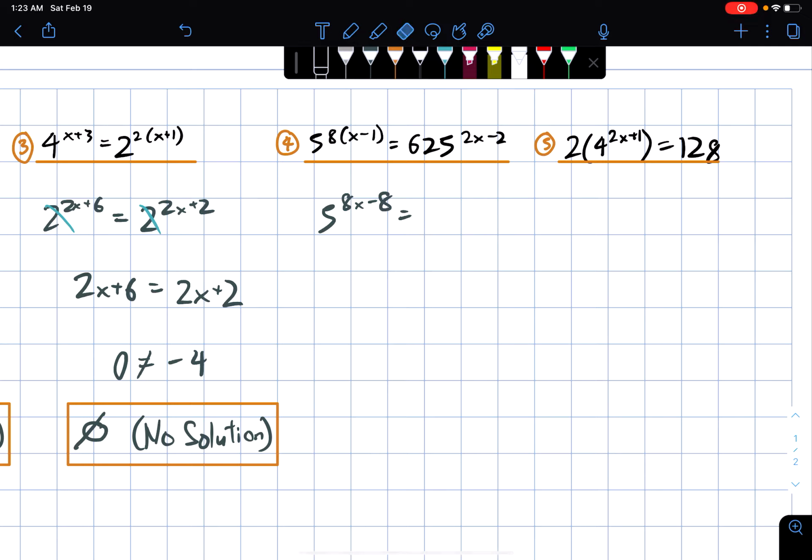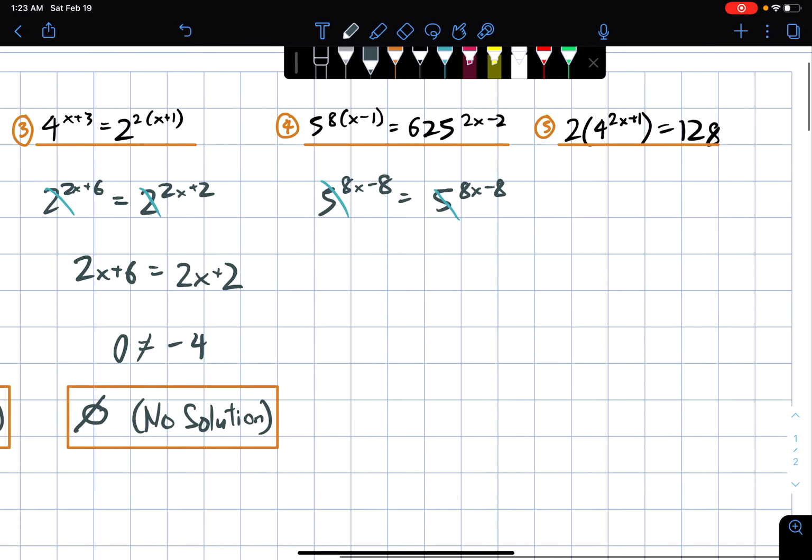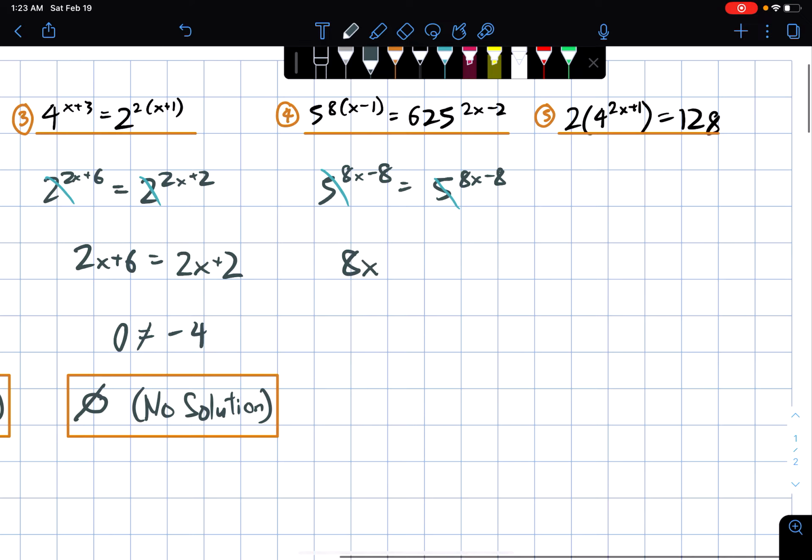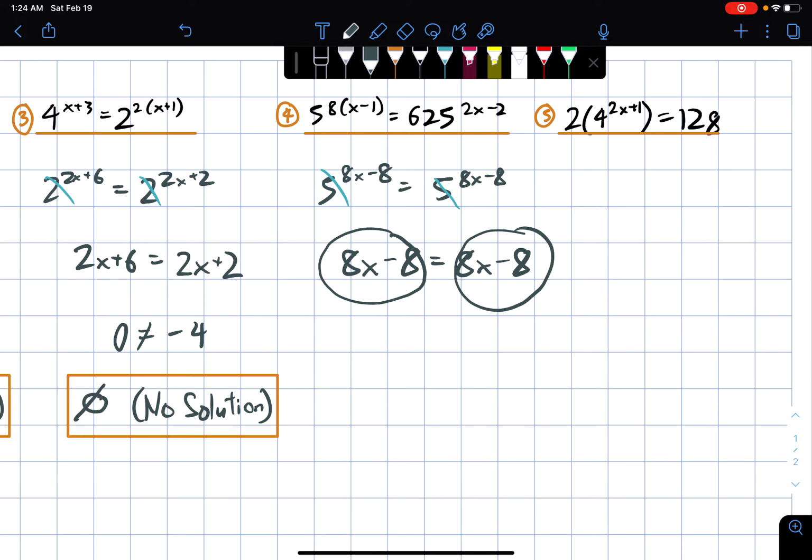With that said, we cancel the base and make the exponents our new bases. So 8x minus 8 is equivalent to 8x minus 8. I think it's already obvious that these expressions are equal as an equation, but let's simplify it a little more.